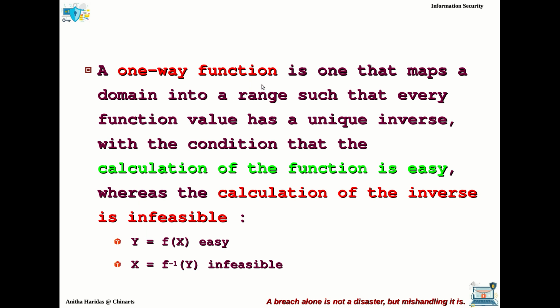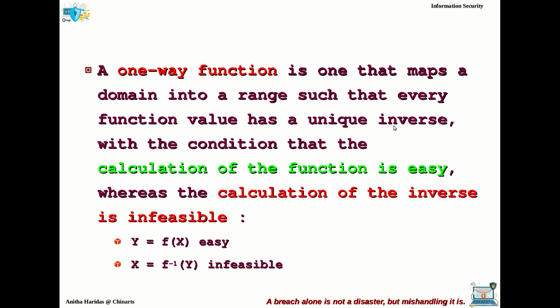A one-way function is one that maps a domain into a range such that every function value has a unique inverse, with the condition that the calculation of the function is easy, whereas the calculation of the inverse is infeasible. This is what you call a one-way function. I repeat, a one-way function is one that maps a domain into a range such that every function value has a unique inverse, right?